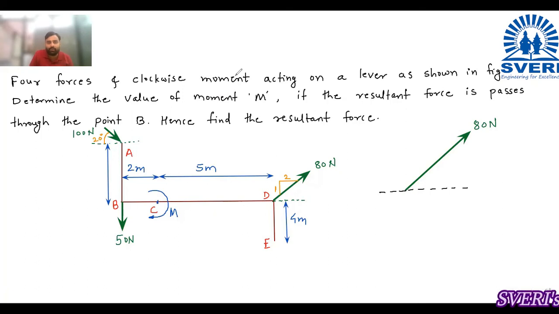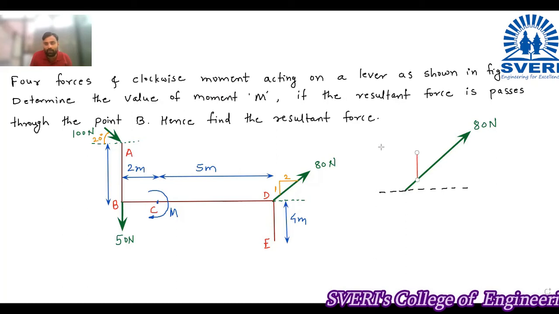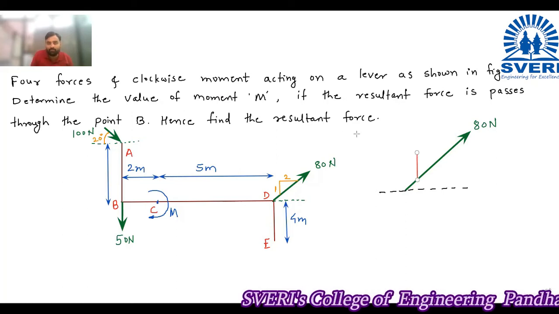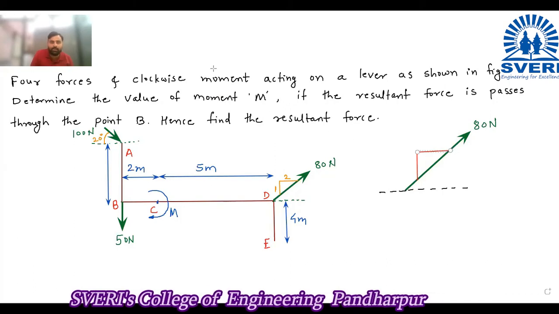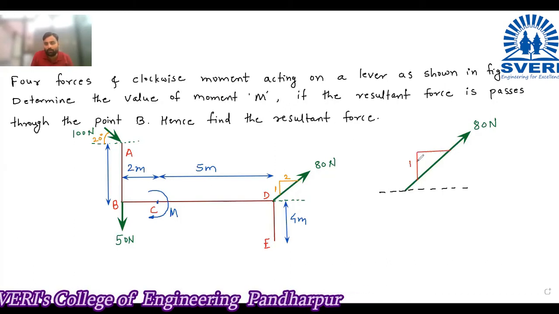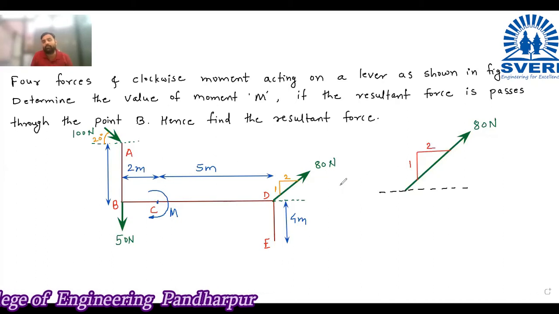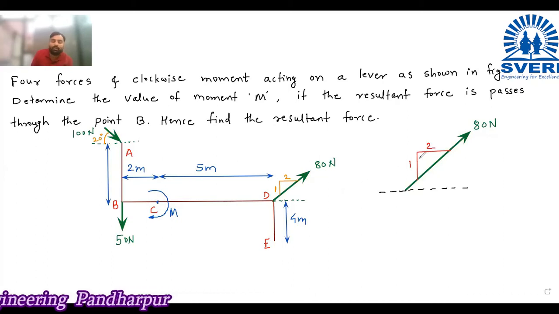What they have told us is that this is one unit and this is 2 unit. This is one of the methods of giving the slope. It may be 1 centimeter, 1 mm, 1 kilometer, whatever it may be. It is 1 by 2, but both have the same unit. If one is 1 mm, then the other is 2 mm.